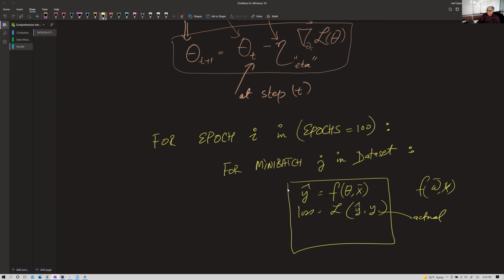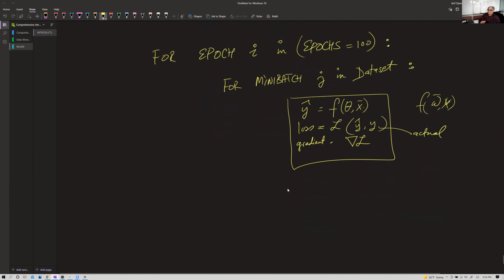What is the third step? Compute the gradients. And what is the final step? Update. In the language of this new notation, this is equal to theta t minus eta times the gradient. The step of learning.